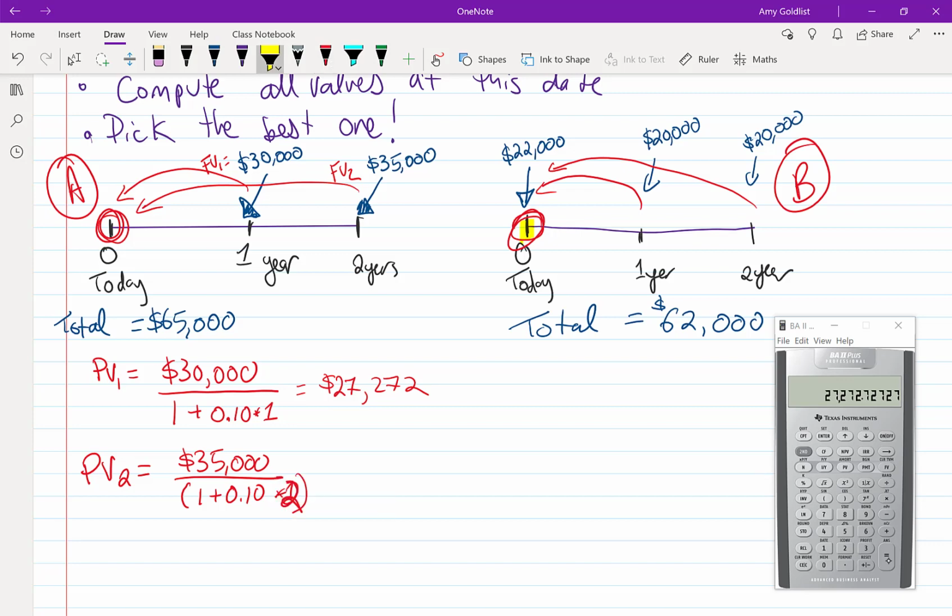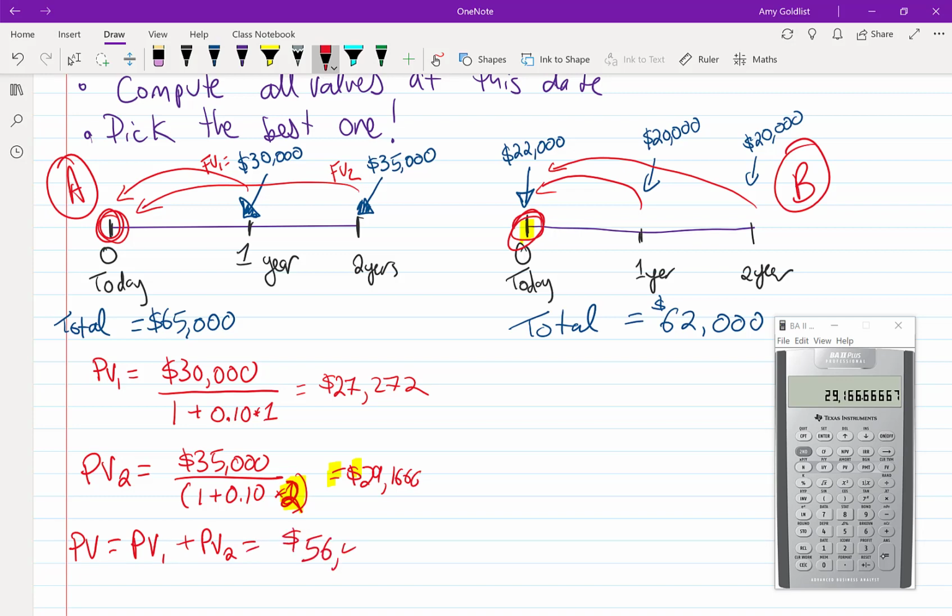I'm going to store this as well. And then present value 2 is $35,000 divided by 1.2, and that gives me 29,166. So my present value, how much this is worth, is found by adding those two things up, and it's about $56,000.